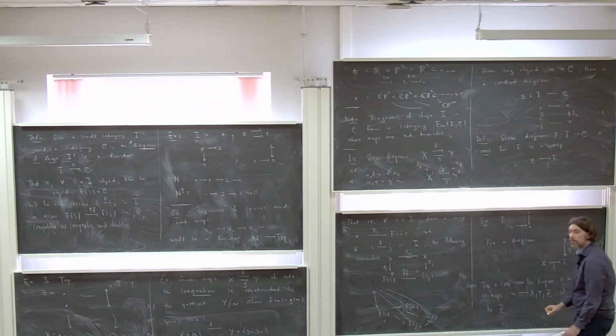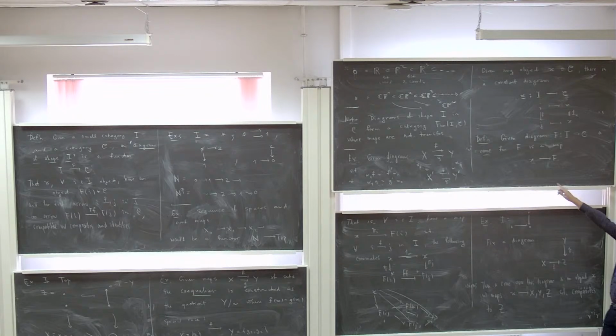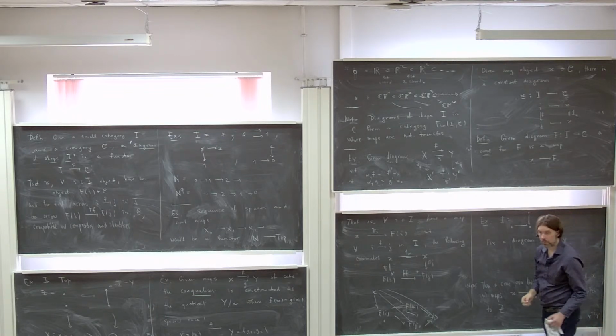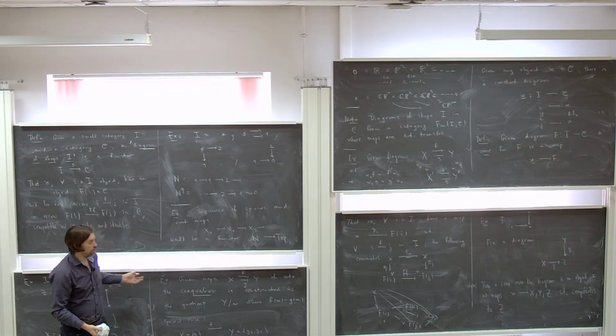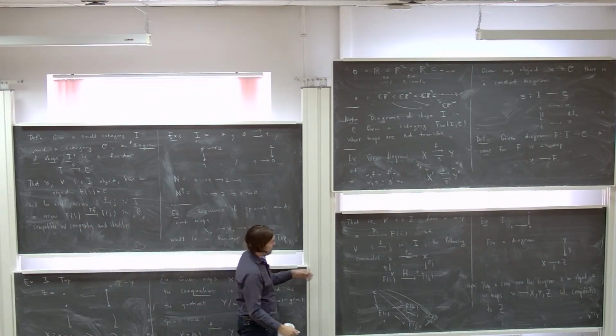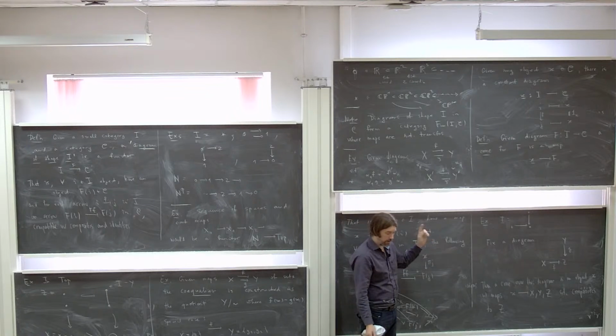Sorry, what's the question? Well, how do I specify a constant functor? I just specify an object. There's no other data. So a constant functor is just picking an object.